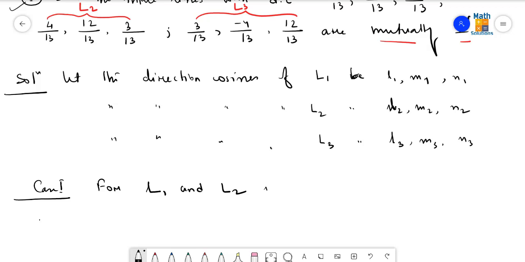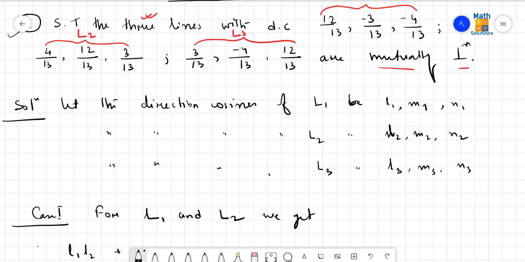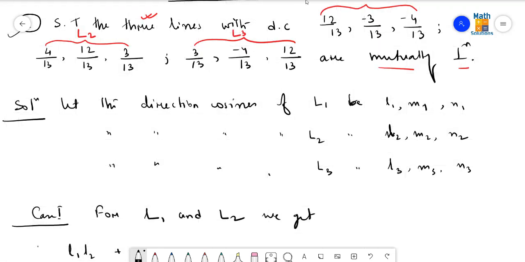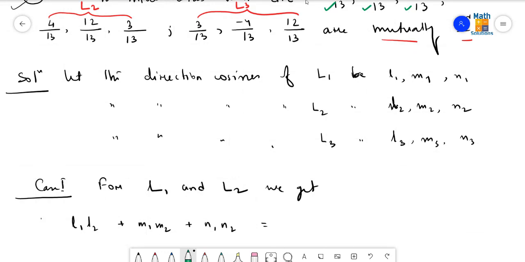We get l1 l2 plus m1 m2 plus n1 n2. The results will be taken from this list. This first value will be acting as l1, this one will be m1, this one will be n1, and the respective values I am going to put here. It is 12 by 13. So here I get 12 by 13 into 4 by 13.